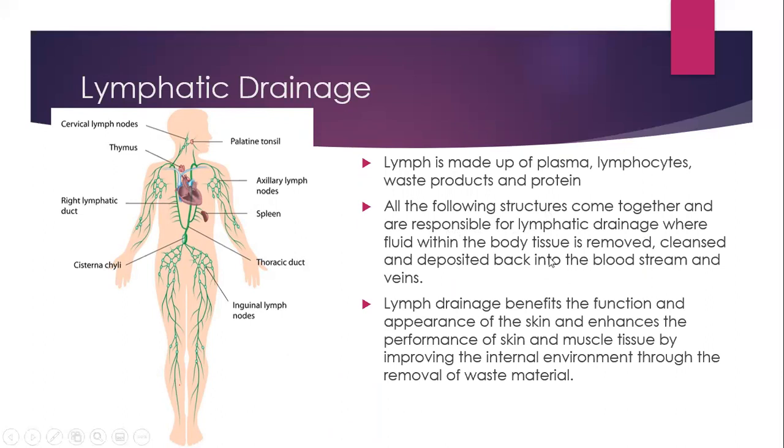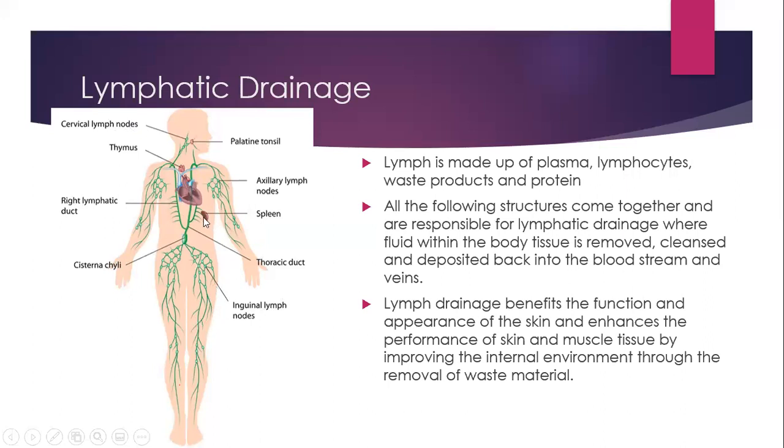So lymphatic drainage is when fluid within the body is taken away, cleaned, and then put back into the bloodstream. And this is through many channels like nodes and lymph ducts. Here we've got a lymph duct as well, and smaller vessels called capillaries.